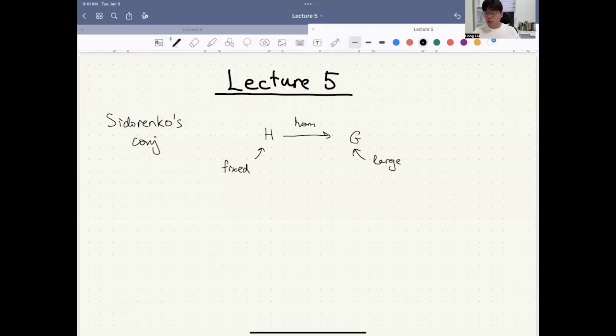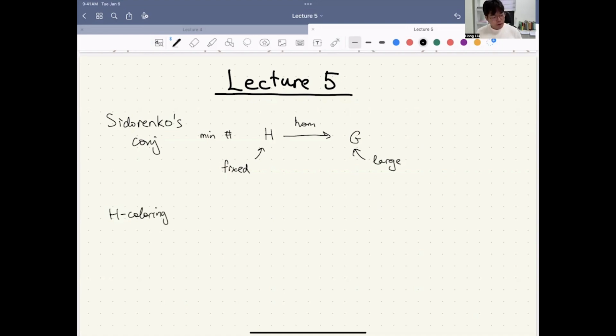Today we're going to do the opposite. We're going to start with the large graph G, and we want to maximize the number of homomorphisms that look like this. Now we got the opposite here in H coloring. And today I will explain why it's called H coloring.